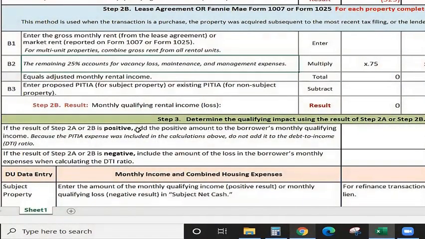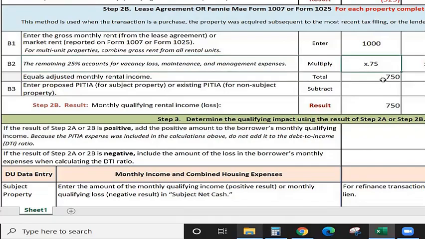Now, whenever you are going to consider income from the lease agreement, how to calculate? Very easy. Enter the gross monthly rent from the lease agreement, whatever it could be, $1,000 per month. So if the lease agreement is showing that 1,000 is my monthly rent, I can put that 1,000 here. The remaining 25% accounts for vacancy.